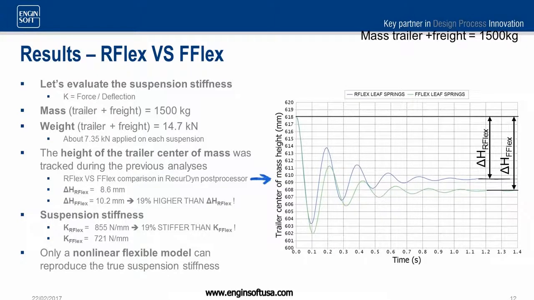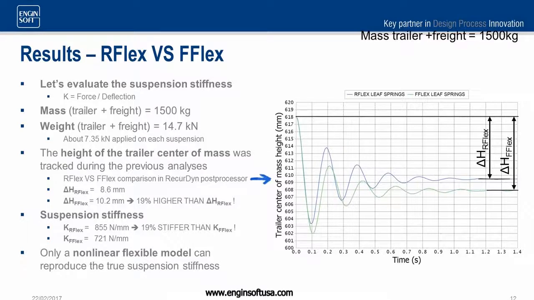During each of the two simulations, I have tracked the vertical displacement of the trailer center of mass, and this is almost equal to the vertical deflections of the two lift springs. You can see in blue the deflections of the reduced flex lift springs, while in green the deflections of the full flex lift springs.